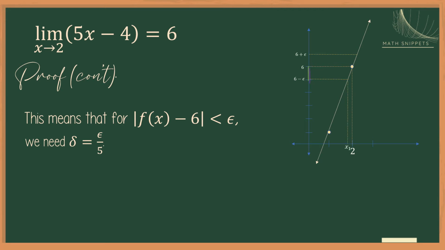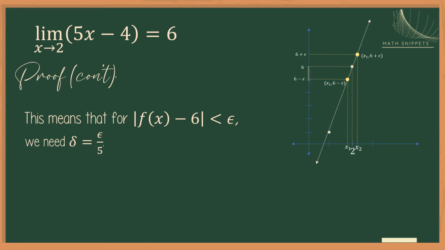Then 6 minus epsilon would have a corresponding point on the graph with coordinate, let's say, x sub 1, 6 minus epsilon. Similarly, 6 plus epsilon would also have a corresponding point on the graph with coordinate, let's say, x sub 2, 6 plus epsilon.